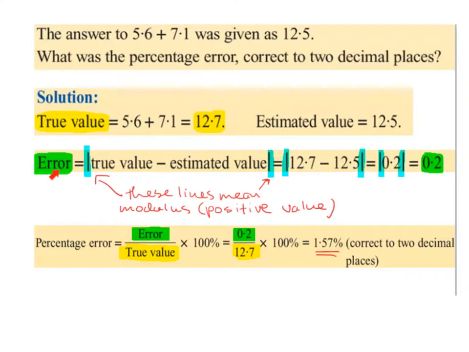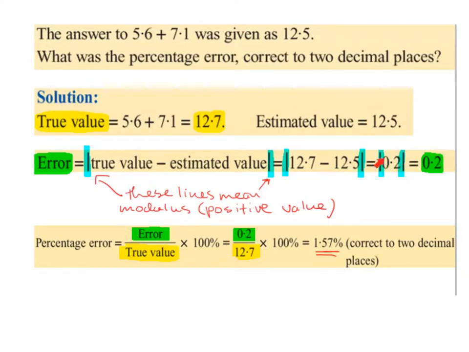So the error is going to be the modulus, which means the positive value, of the true value minus the estimated value, which is 12.7, the true value, minus the estimated value, 12.5, which gives us 0.2. And 0.2 is already positive, so we just get an answer of 0.2.